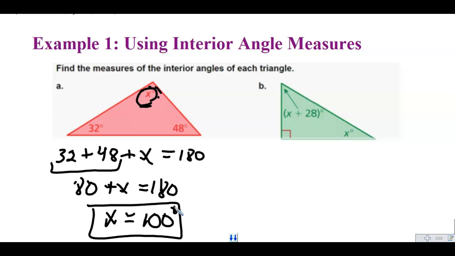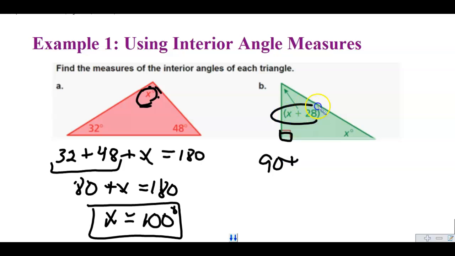Now let's take a look at B. B is a little more complicated, but we still use the same theorem. All three angles added together equal 180. This red box signifies a right angle. A right angle is 90 degrees. Go ahead and add that to the other two.